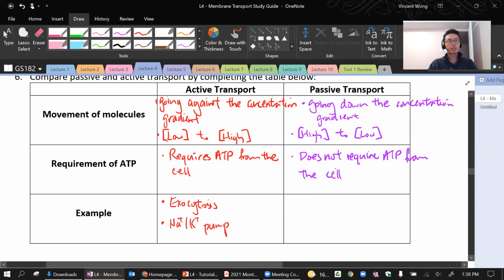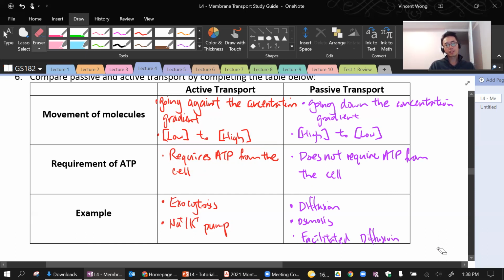Maybe something else is supplying the ATP or it doesn't require ATP, but it's not going to need it from the cell. Examples of passive transport include diffusion, osmosis, and something also called facilitated diffusion.